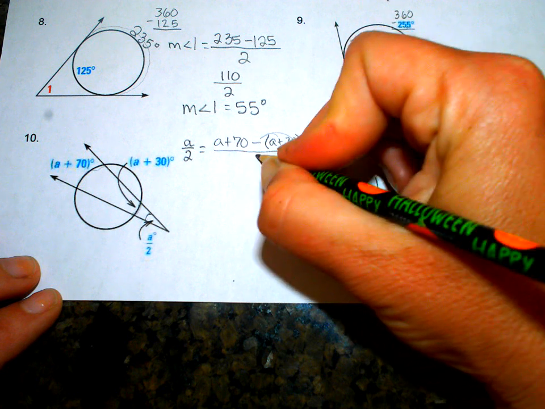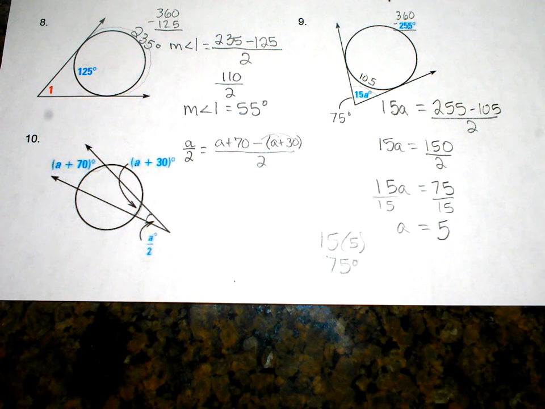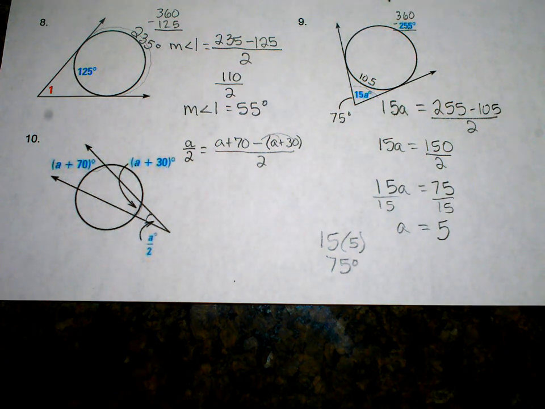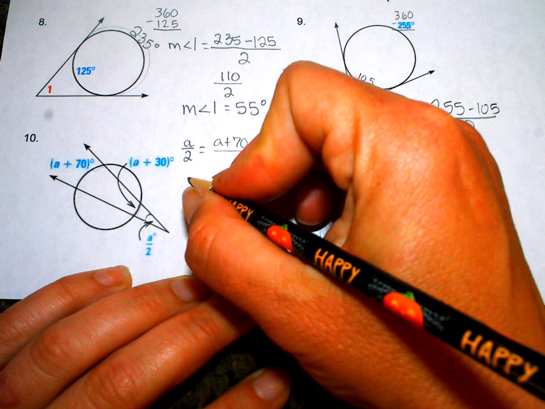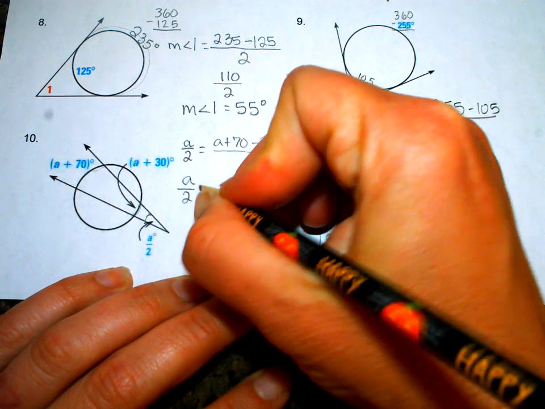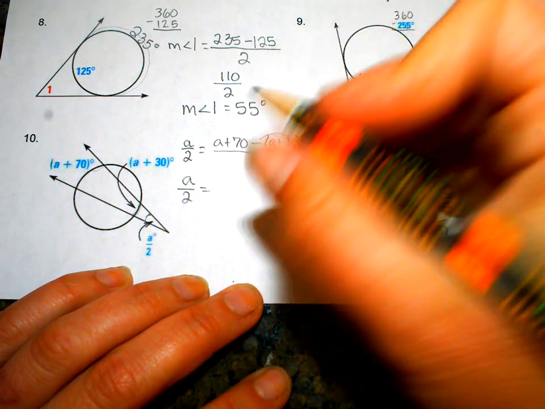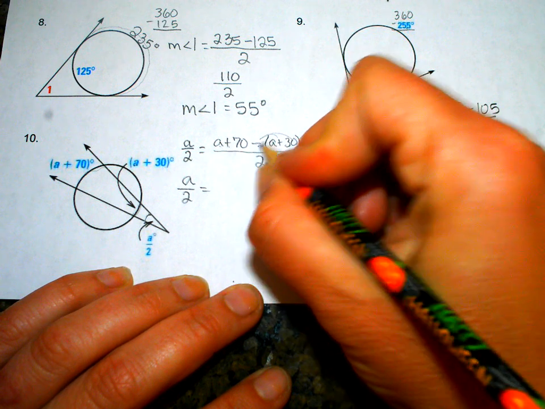All divided by 2. I think the first thing to do is to combine like terms on the top here. A plus 70 minus A minus 30.